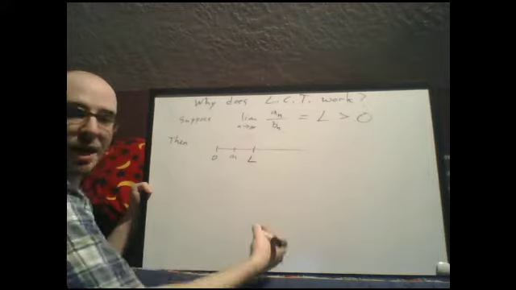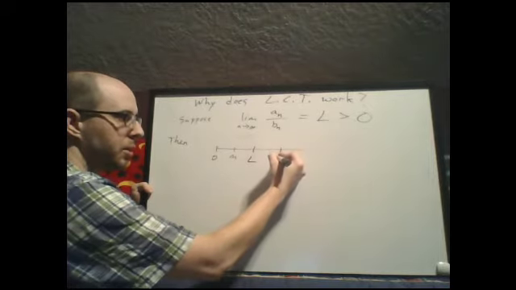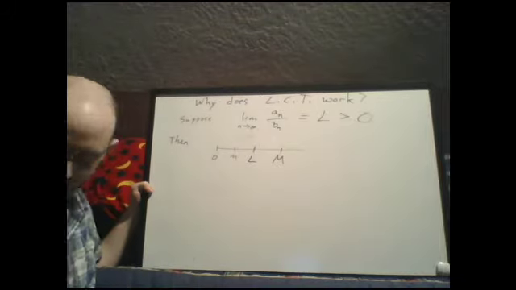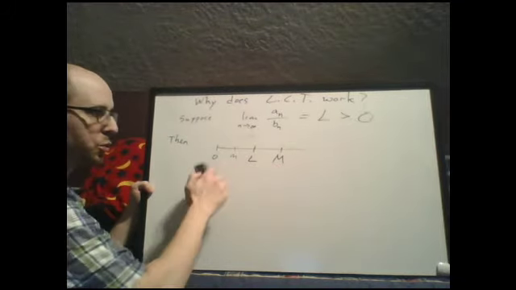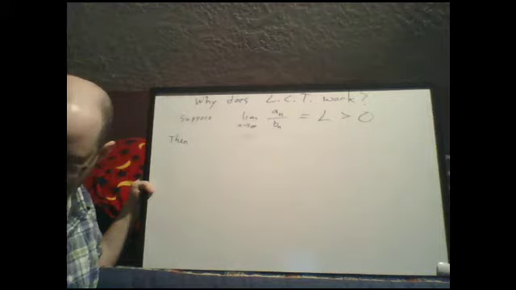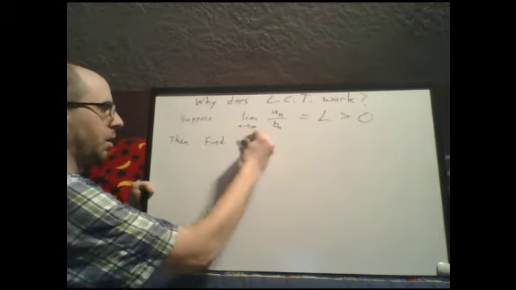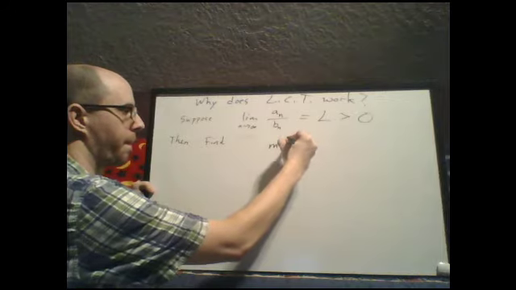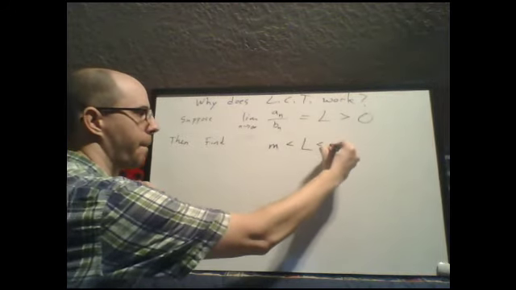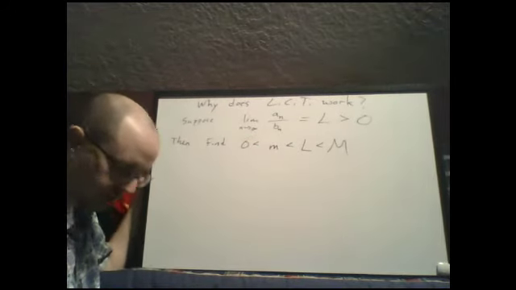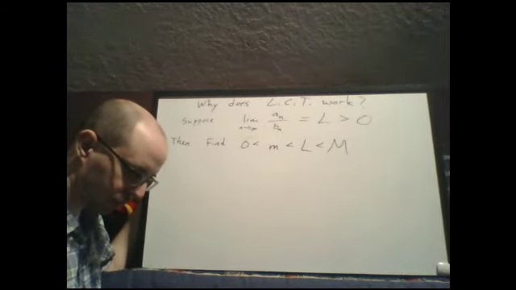And since L's not infinite, I can find a bigger number, call it capital M, that's bigger than L. So I can find these two numbers, little m and big M.